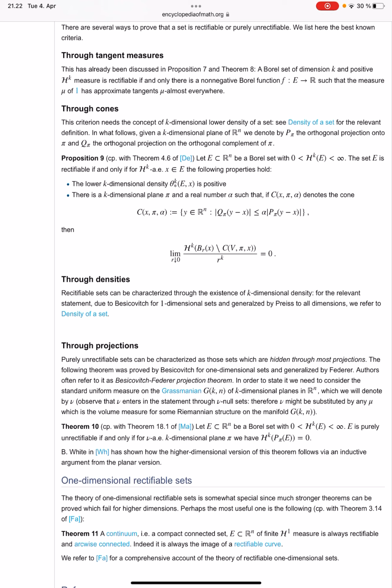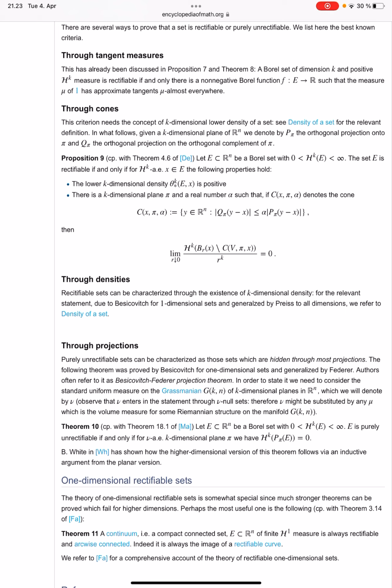Indeed, it's fair to call it Federer-Mattila and Besicovitch projection theorem in its full generality, because it identifies both rectifiable sets and purely unrectifiable sets based on the behavior of the projection of the set on almost every k-dimensional plane.